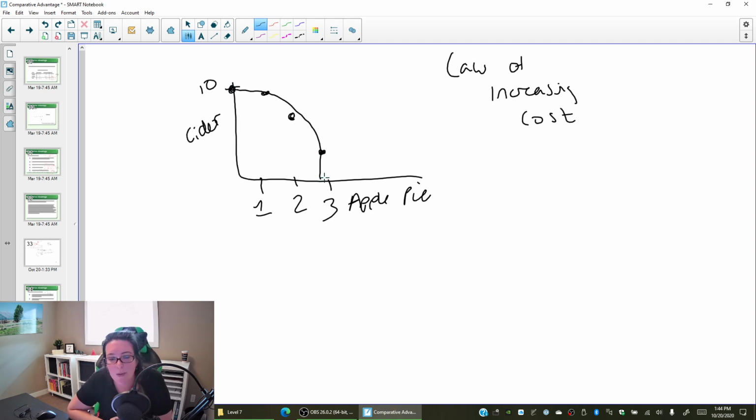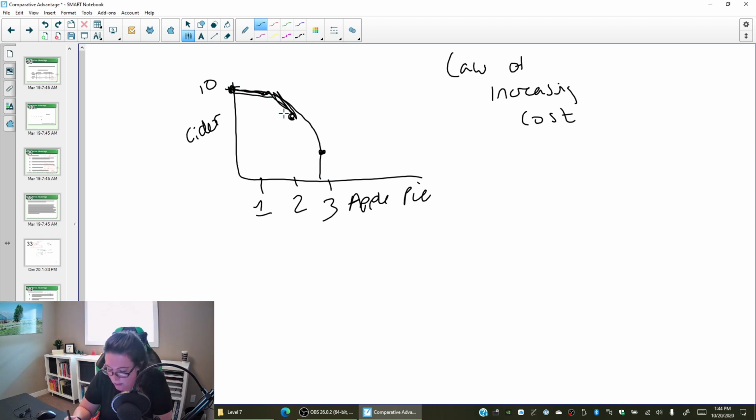Now, remember back when we talked about consumers and our budget line? The slope of the budget line told us opportunity cost. Well, the slope of the production possibility frontier shows you the opportunity cost for the business. And here, what we can see is that the cost to make the apple pie at the beginning is not much sacrifice.